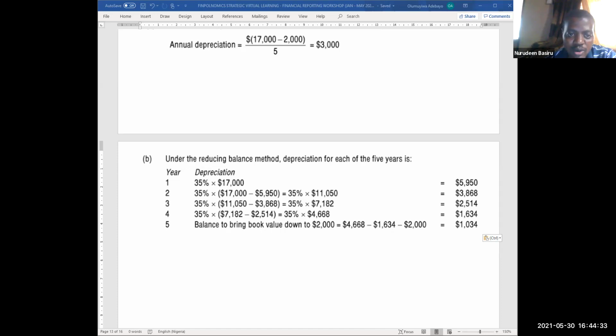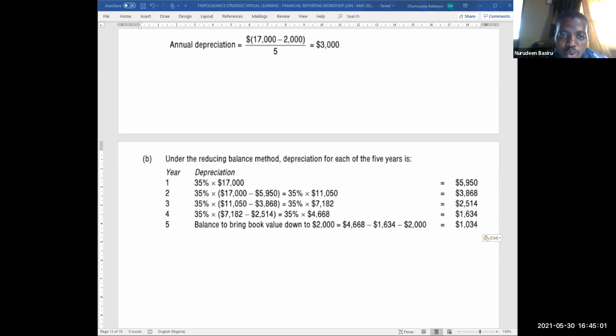In the first year, we charge 35% of $17,000. Our depreciation in the first year is $5,950. In the second year, we remove the depreciation in the first year from the total cost, which gives us the net book value of that asset.